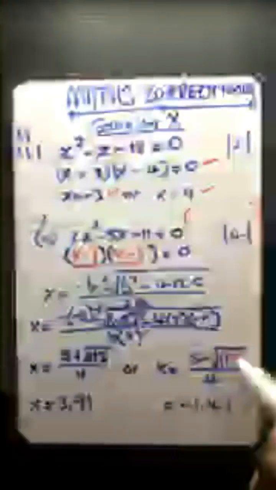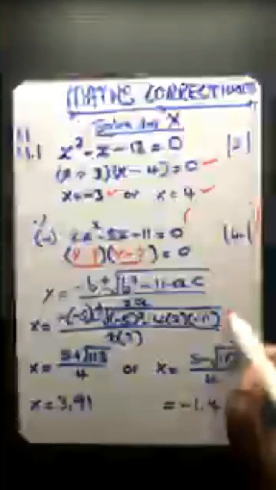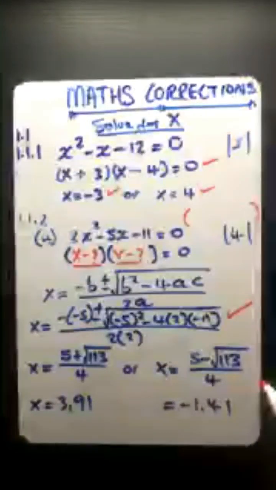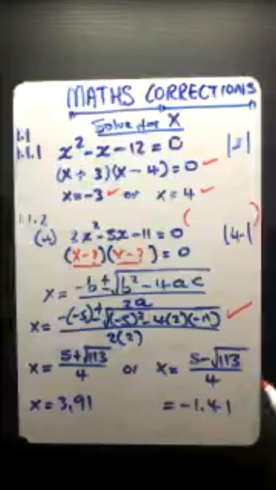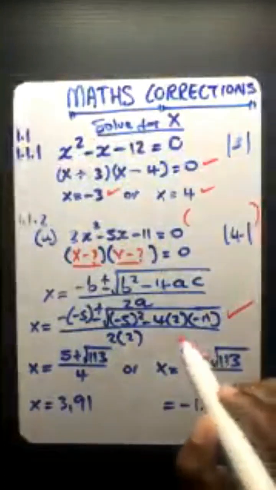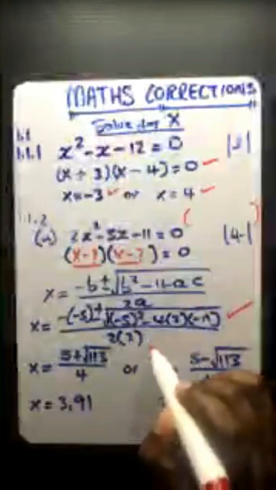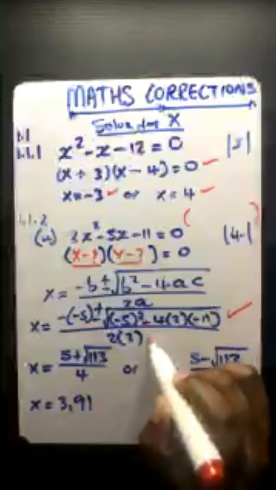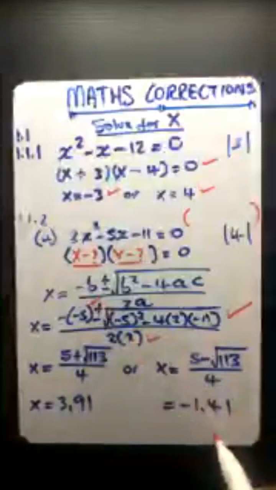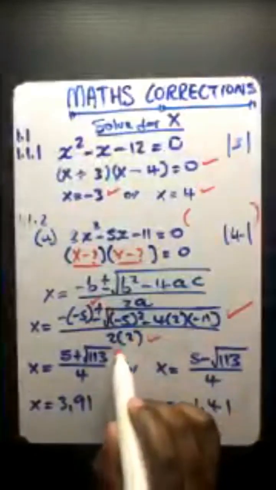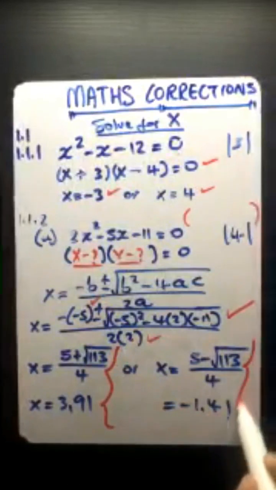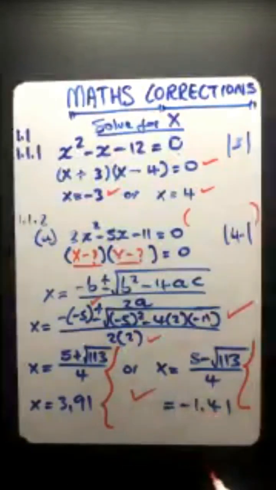So for correct substitution into that formula, they give you a mark. And then also, I think you actually get a mark for correct substitution of A, B, and C. And then from there, whether you've written this or you've written that, for both of them, that's where you score yourself your last mark.